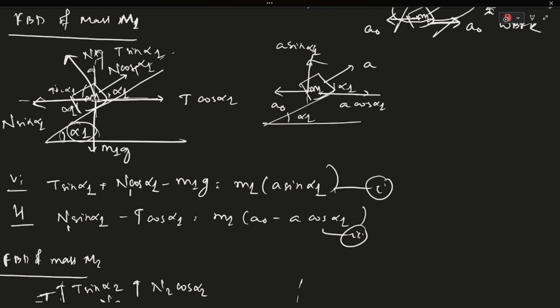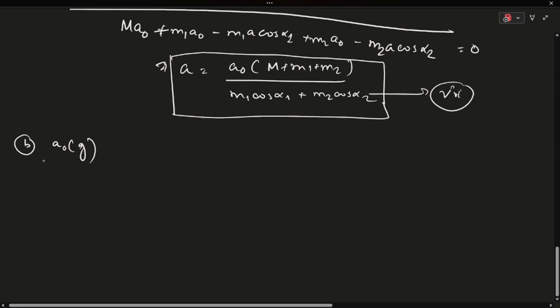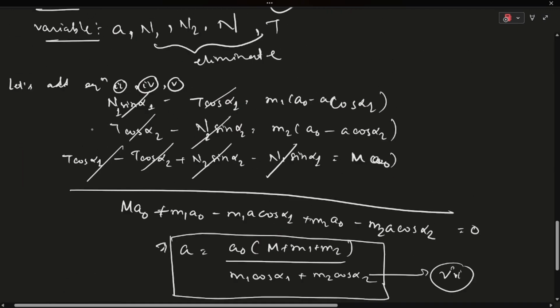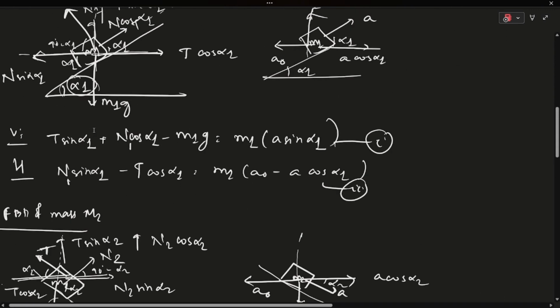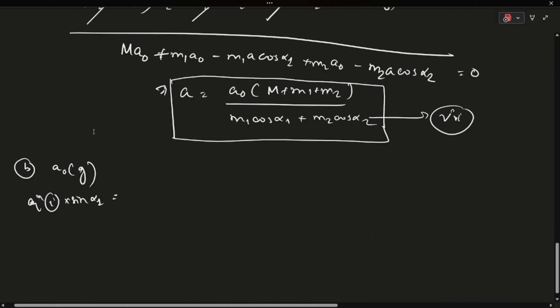So let's multiply equation 1 with sin alpha 1. This becomes T sin squared alpha 1.